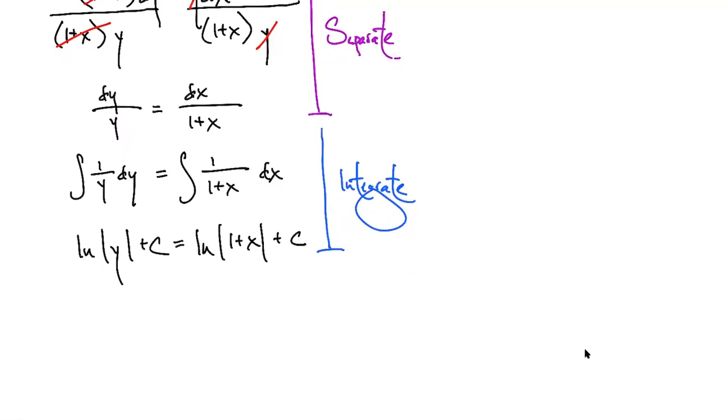Meaning we're going to just say, I know the c on the left-hand side is a constant and the one on the right-hand side is a constant, so I'm just going to combine them and they're just going to be on the side with the x's. So more often than not, when you see solutions for differential equations, it's going to look more like natural log of y equals natural log of 1 plus x plus c. Like there's only one constant.